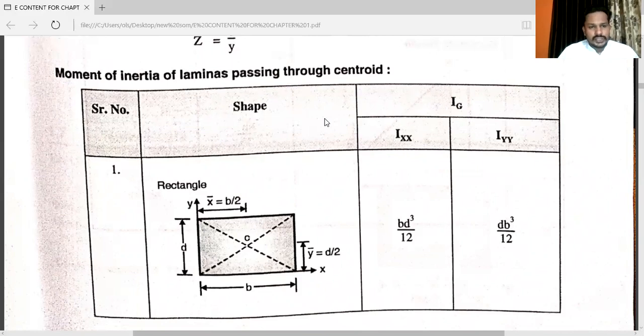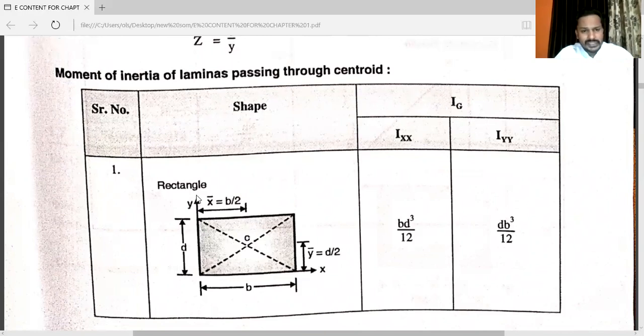You can see the serial number, the first shape, that is a rectangular shape. The base is B, the depth is D. This is the horizontal axis, X, and this is the vertical axis, Y. You have to draw each and every shape in the given format.